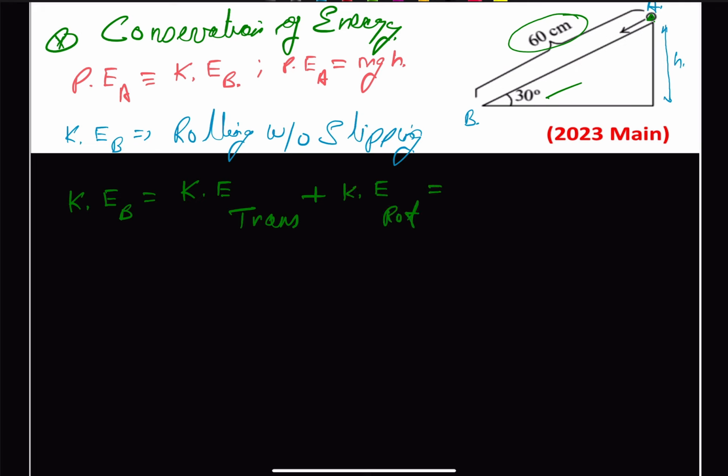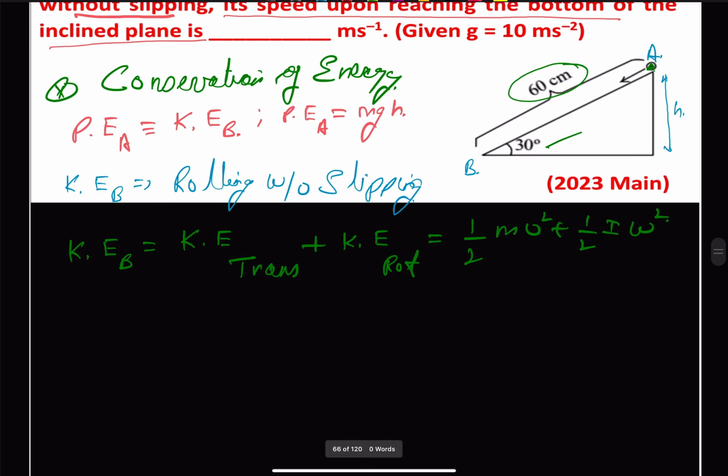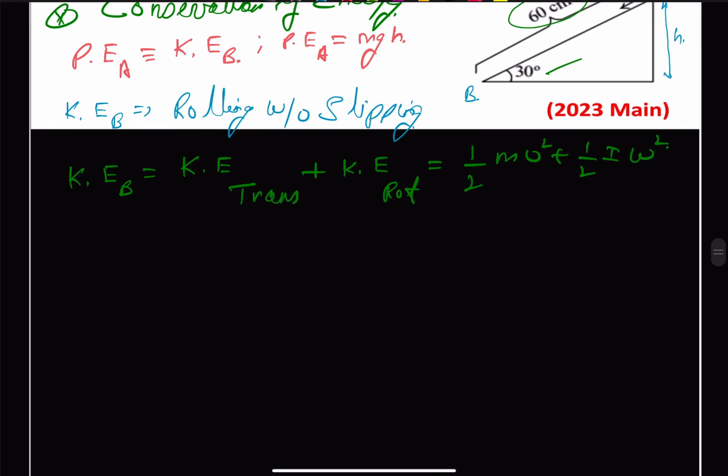Translational is half m v square, suppose velocity at point B is v, and the rotational comes as half I omega square. And it is a solid cylinder. Therefore we can write that the value of I will be equal to half m r square, and omega will be equal to v upon r.